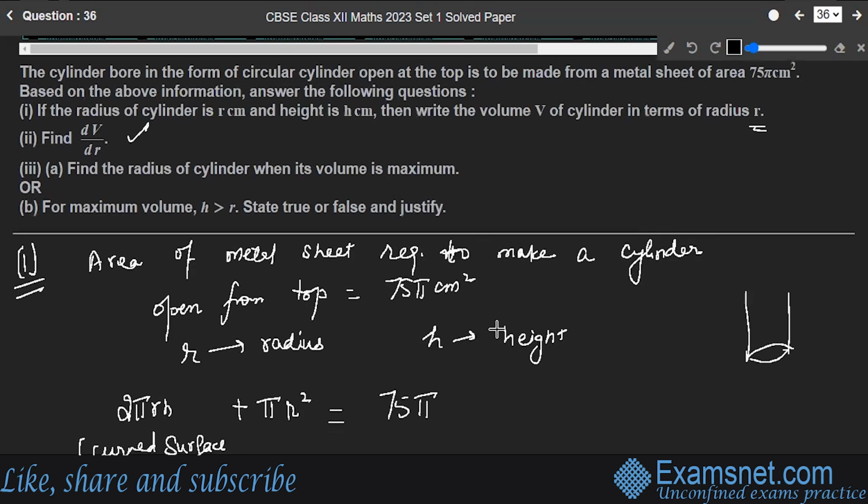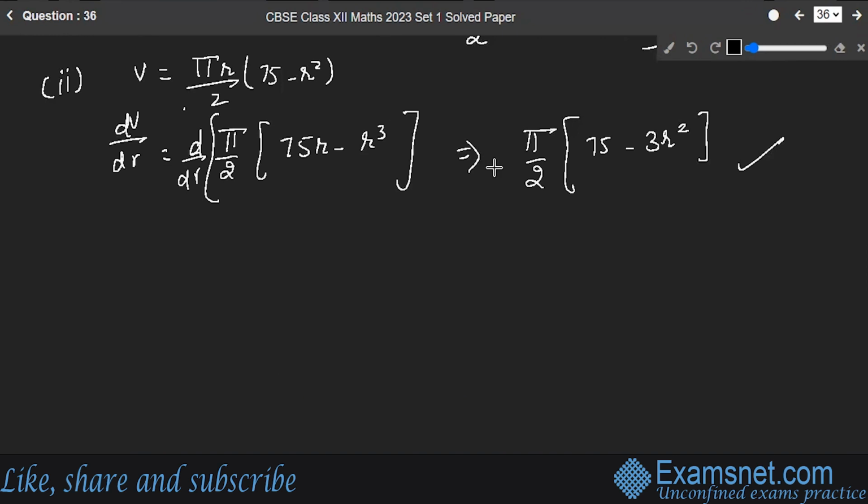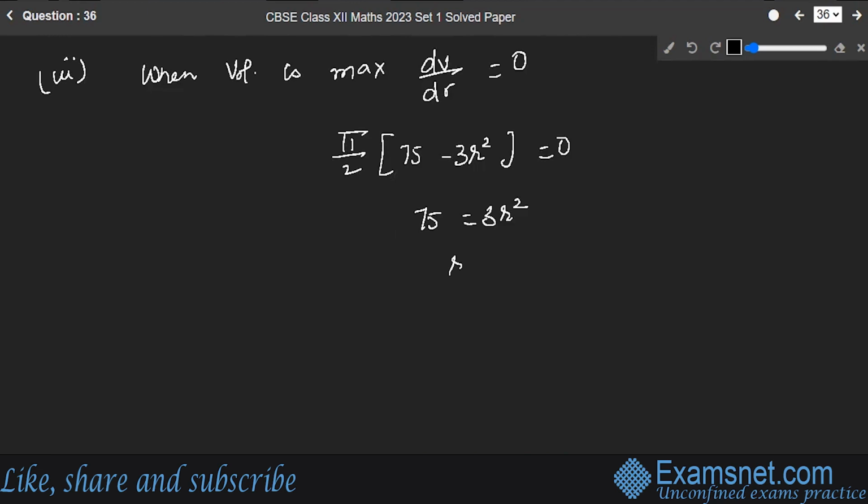Fine. Now the third part, find the radius of the cylinder when its volume is maximum. So you have to find out the radius of the cylinder for which the volume is maximum. When volume is maximum, dV upon dr is equal to 0. That means pi by 2 into 75 minus 3r square is equal to 0, or 75 is equal to 3r square, which gives me r square is equal to 25, or r is equal to root of 25, which gives me r value is plus minus 5.